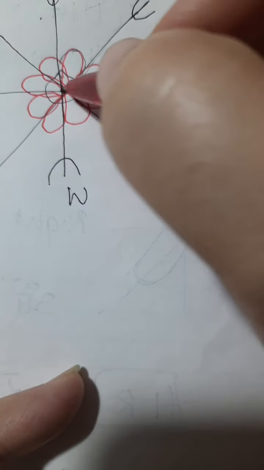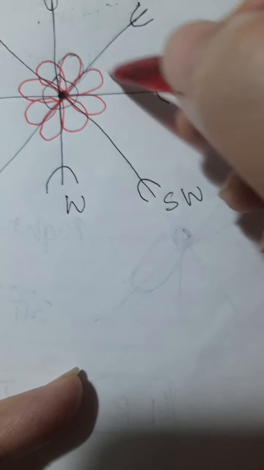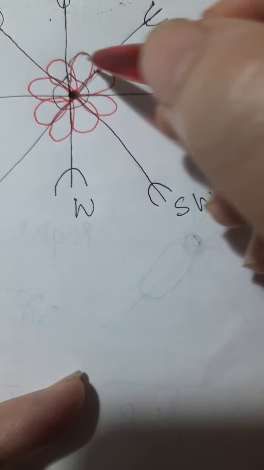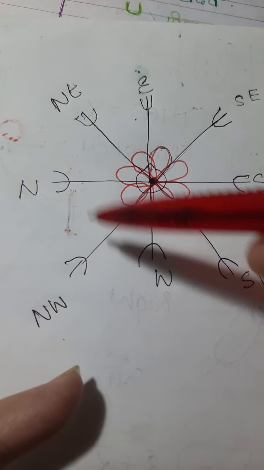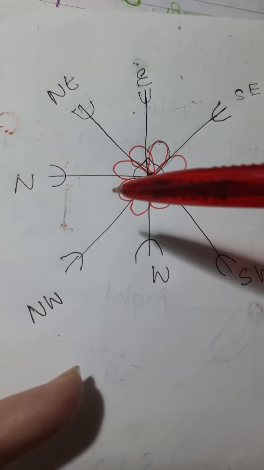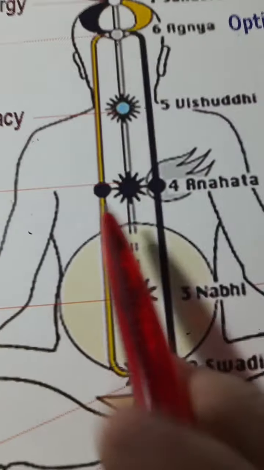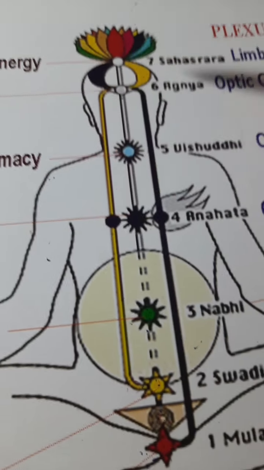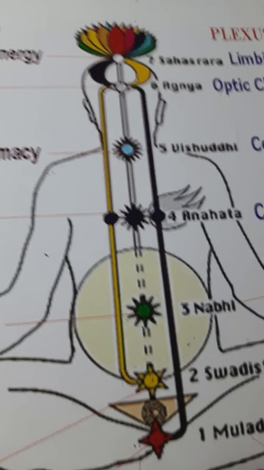So first is here hum, 1 layer. Second layer is of small bijas done in red. Third layer is these 10. One is above the head, one is below the head. 8 in a plane, and one is above the head and one is below. So 8 plus 2 becomes 10.